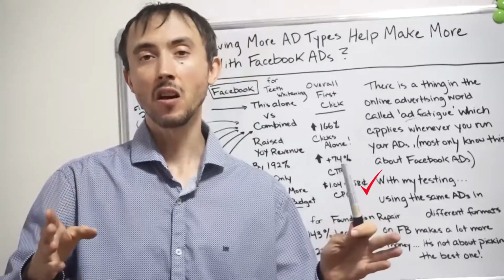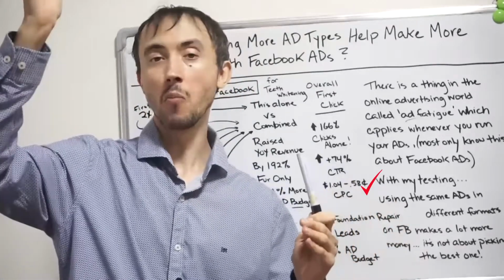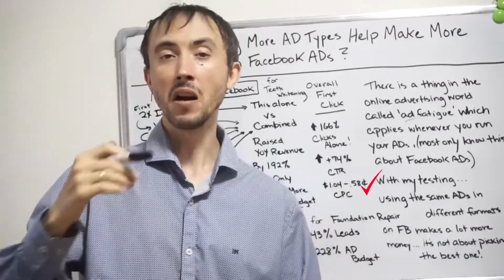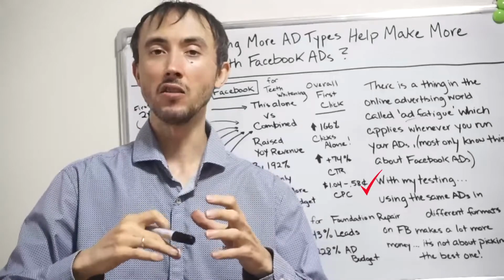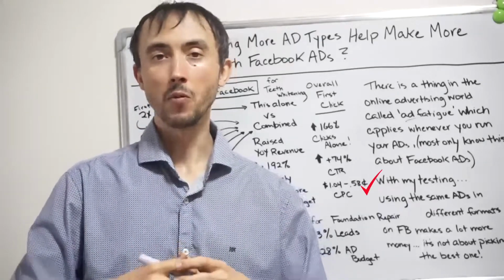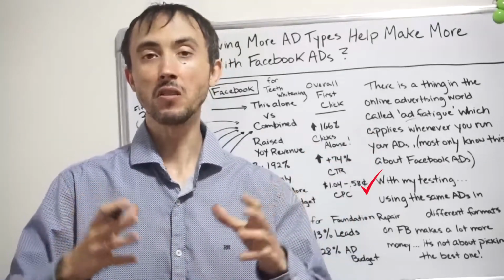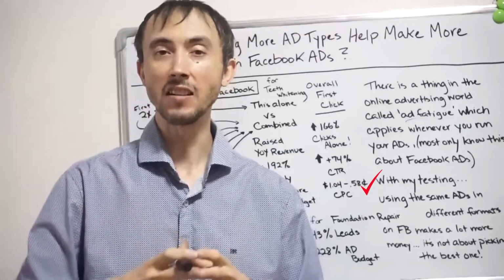So if you're making an ROI that you want, you can get upwards of twice as much money from that ad creative by having it reallocated, repurposed, and put into these other ad types.